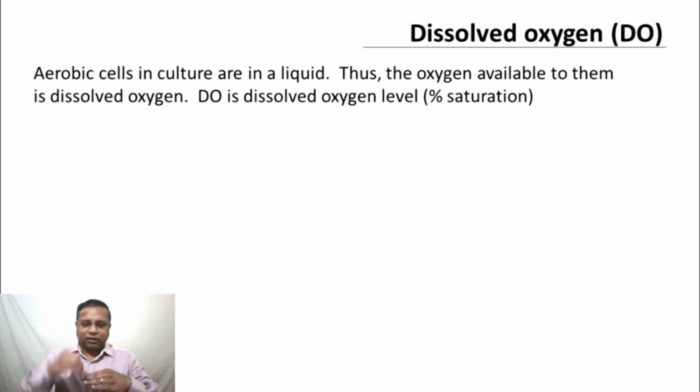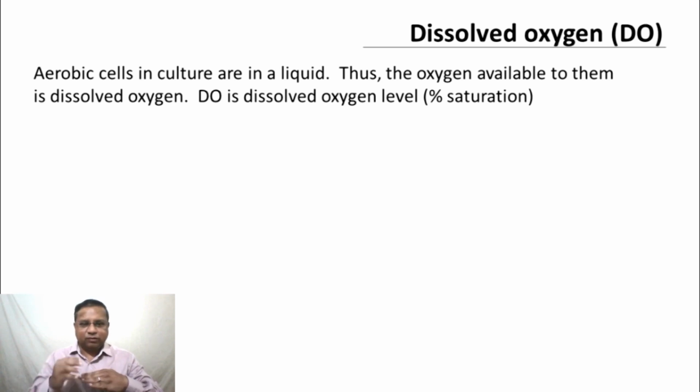Microscopically speaking, there is a rate at which oxygen molecules move from the gas phase to the liquid phase, and there is a rate at which the oxygen molecules move from the liquid phase to the gas phase. Both keep happening, and at a certain stage, the rate of oxygen movement from the gas phase to the liquid phase equals the rate of oxygen molecule movement from the liquid phase to the gas phase. This is the condition we call equilibrium.